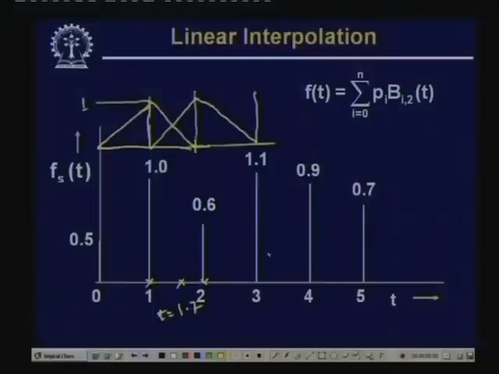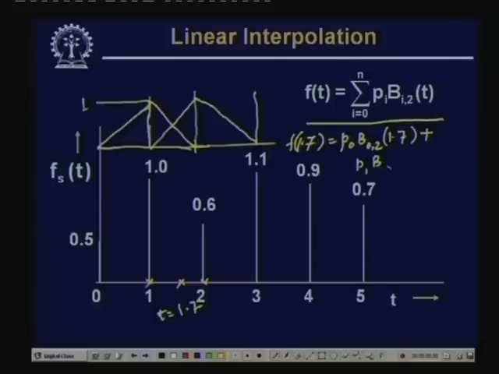Now, if I try to approximate this, you find that using this particular interpolation formula, here again f 1.7 is to be computed as p 0, b 0 to 1.7 plus p 1 b 1 to 1.7. So, it will continue like this.